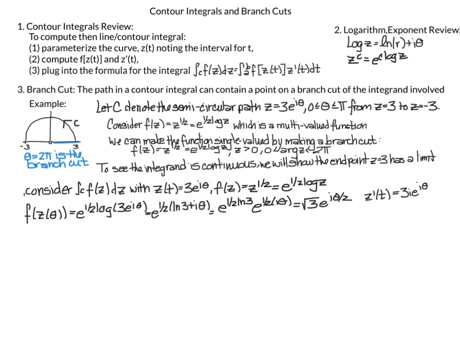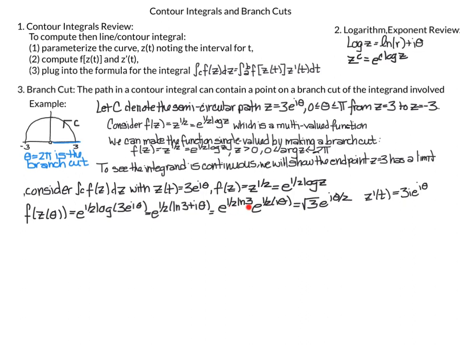So we have e to the 1/2 log of 3e to the i theta. So this is what I've written here. Now I'm going to use the definition of the logarithm of a complex number so that log 3e to the i theta becomes natural log of 3 plus i theta.